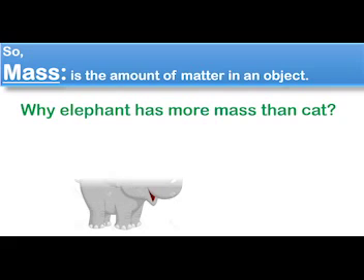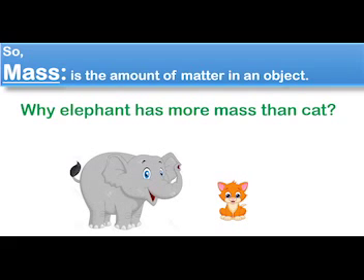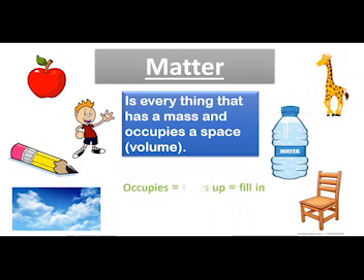Now, can you see these two animals? Which one has more mass and why? Great! The elephant. The elephant has more mass because it has more matter. Let's go back to the definition of the word matter. Matter is everything that has mass and occupies a space.